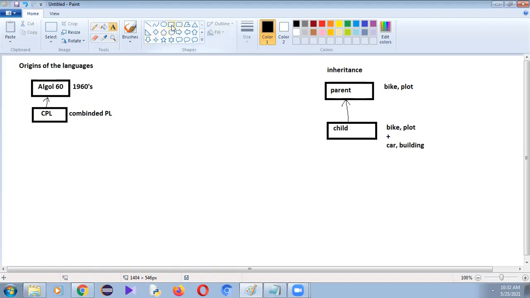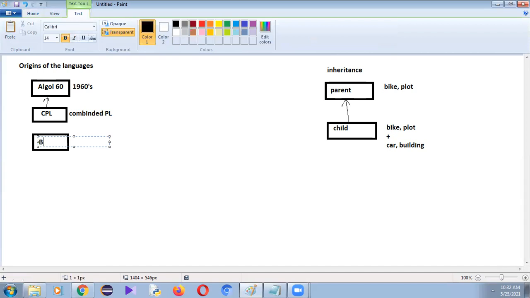Let's come to the next language, that is BCPL, which stands for Basic Combined Programming Language. It was invented by Martin Richard. This Martin Richard simplified the CPL language.